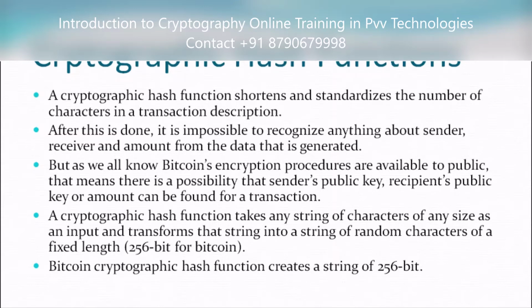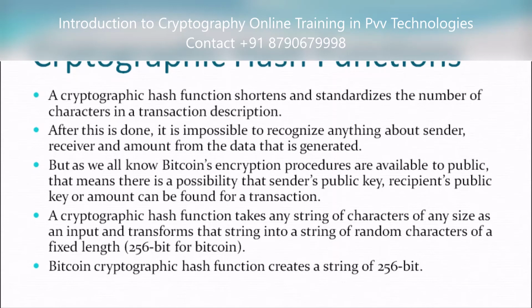But as we all know, Bitcoin's encryption procedures are available to the public. That means there is a possibility that the sender's public key, recipient's public key, or amount can be found for a transaction.